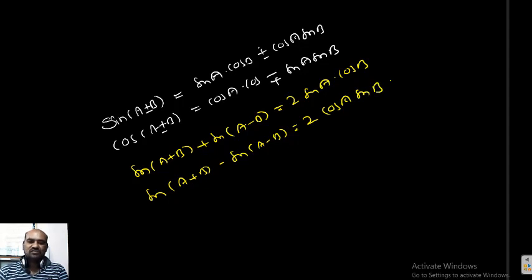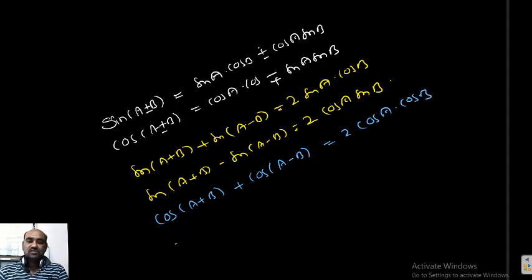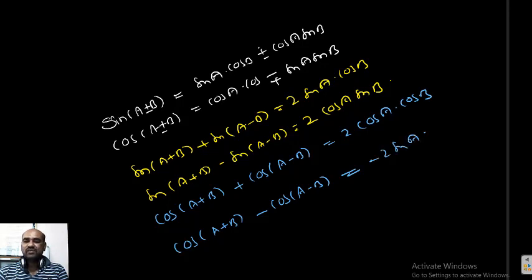After that, cos of a plus b plus cos of a minus b is derived as 2 cos a cos b. So, cos of a plus b minus cos of a minus b is derived as minus 2 sin a sin b.